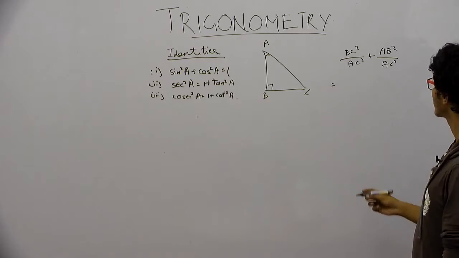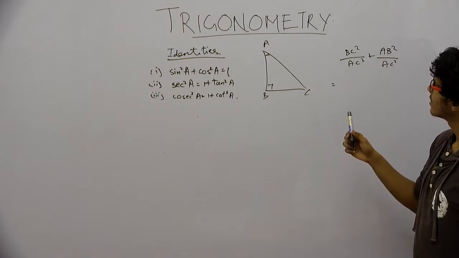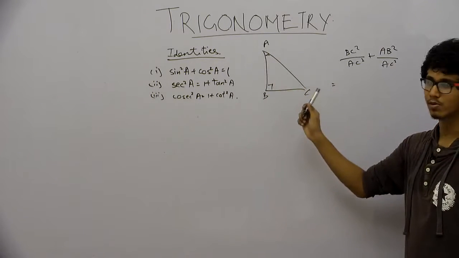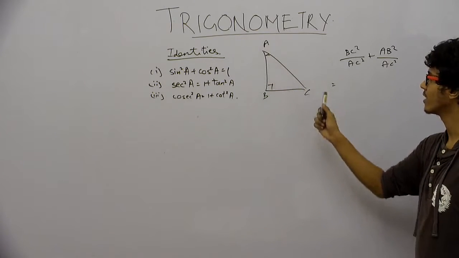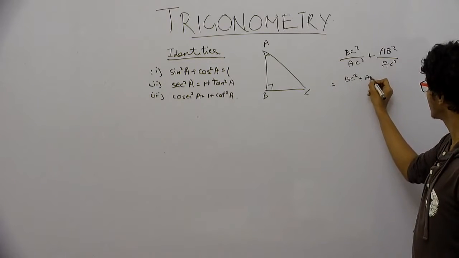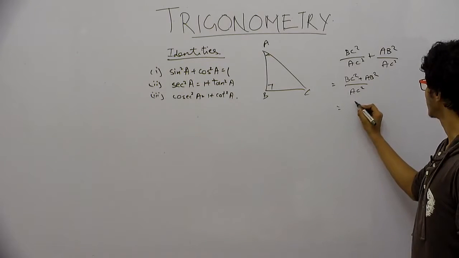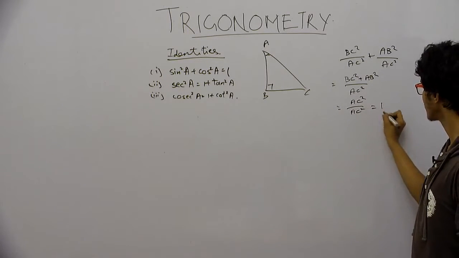Now from the Pythagoras theorem, we know that BC square plus AB square will be equal to AC square, because base square plus altitude square equals hypotenuse square. So BC square plus AB square divided by AC square is equal to 1.